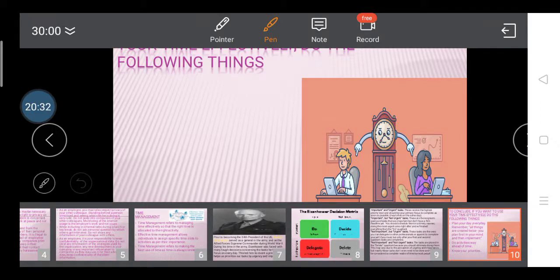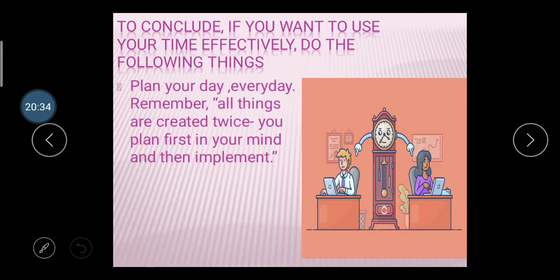Here are the points you should consider to use your time effectively. First of all, plan your day every day. Remember that all things are created twice, first in your plan, so keep in mind to implement it. If you plan your work every day, then your work can be completed effectively.